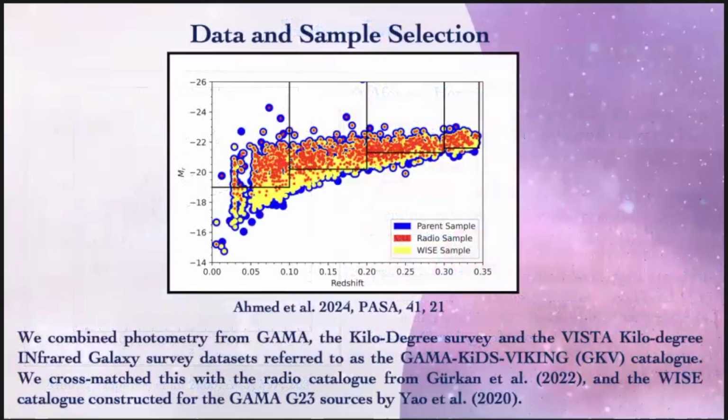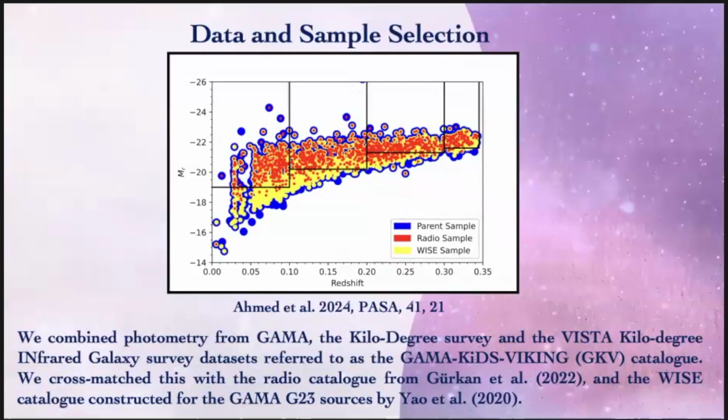For the data, we combine photometry from GAMA, KiDS, and VIKING, which is our GKV catalog, and cross-match that with the radio and the WISE catalog. By combining this data, we analyzed volume limited samples, like the one in the slide, which shows how we define our volume limited samples in different redshift bins.